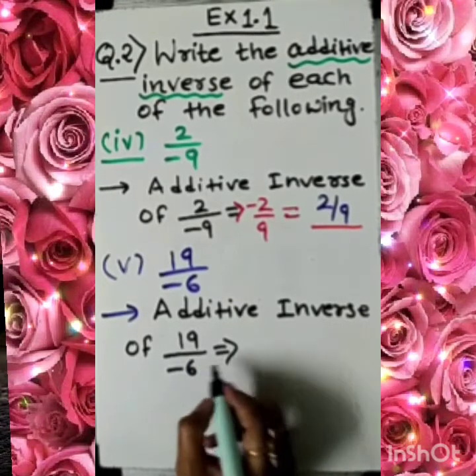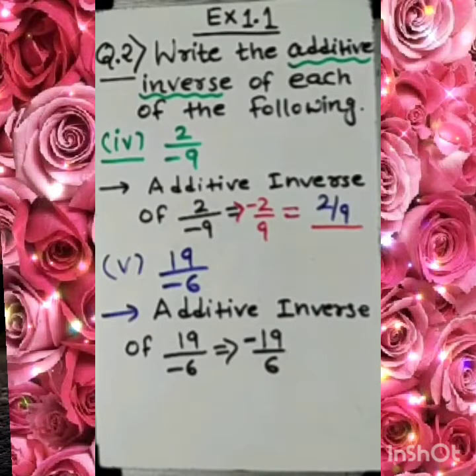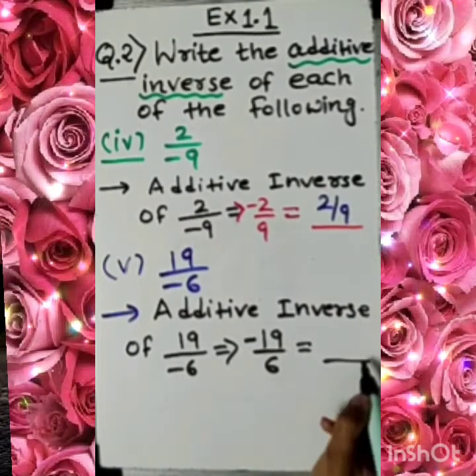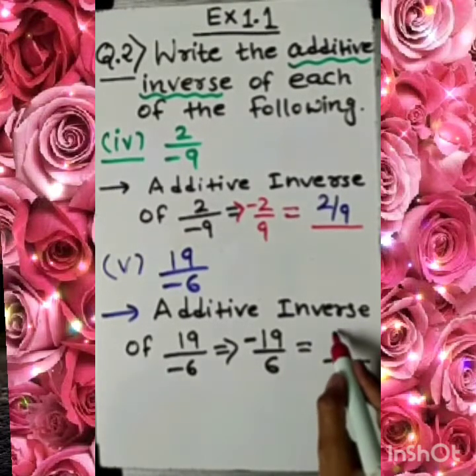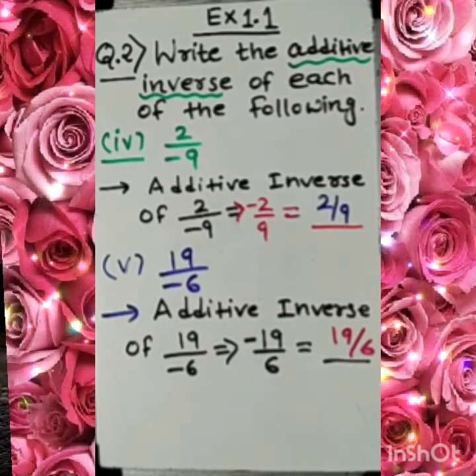Now 19 upon minus 6, can I write it as minus 19 upon 6? Same thing. And as it is negative, its additive inverse will be a positive number. So here I need to write 19 by 6. This is very simple and very easy. Question 2 over here.